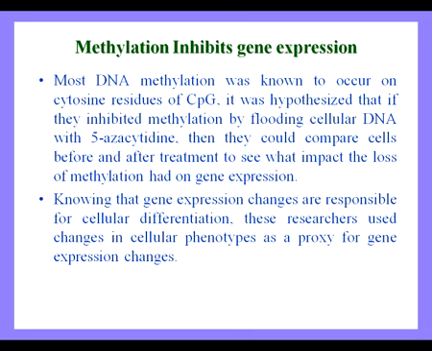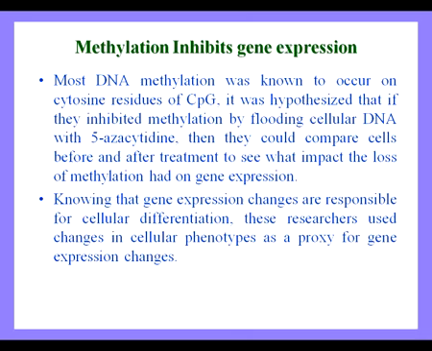The premise of their experiment was that if they inhibited methylation by flooding cellular DNA with 5-azacitidine, an analog, then they could compare cells before and after treatment to see what impact the loss of methylation had on gene expression.